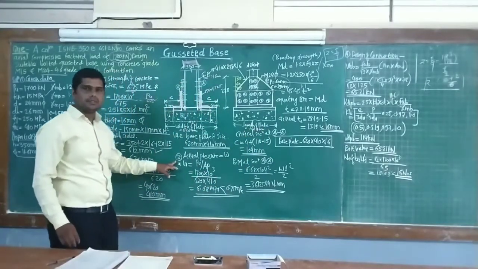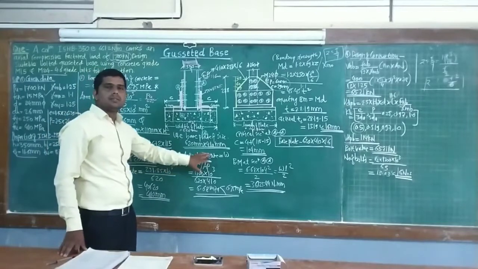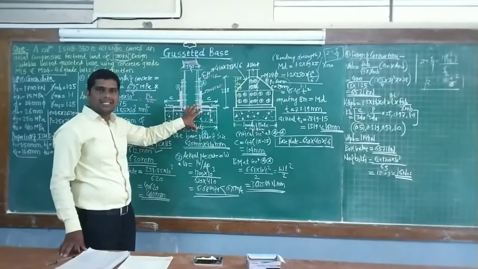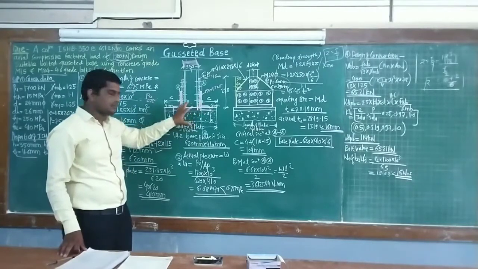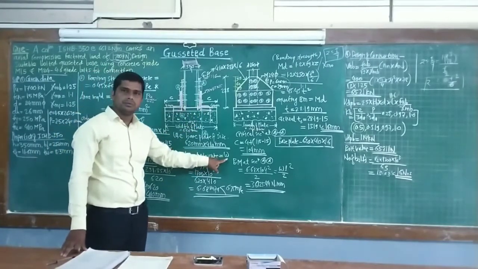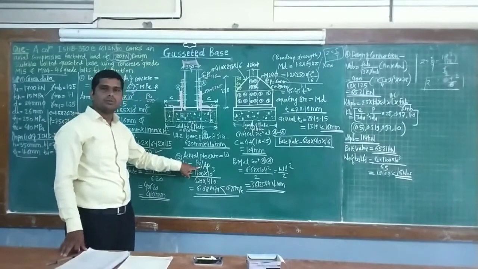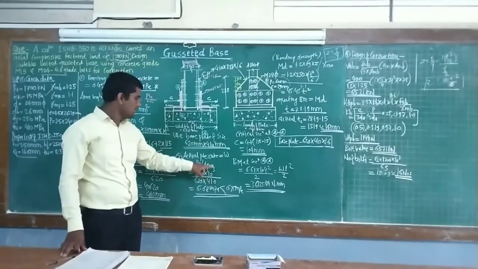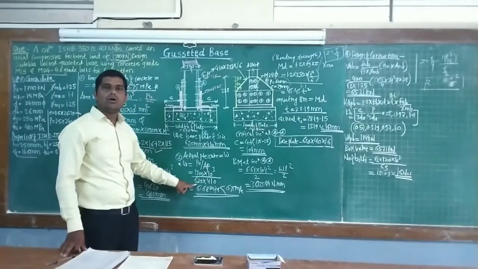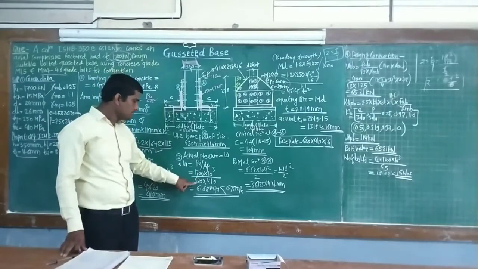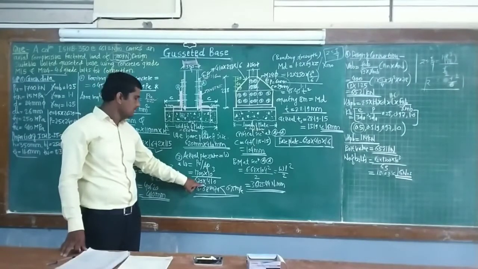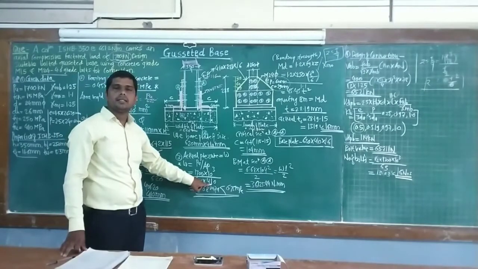Then the third step is the actual pressure on this base plate of gusseted base. We are going to find out W. So W is equal to P, the load, which we know is 1700 into 10 to the power 3 Newton, divided by the area of base plate. The actual area we are going to take is 620 as the width into 410 as the length.